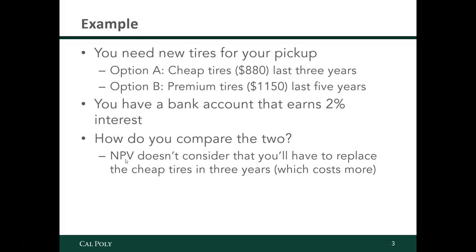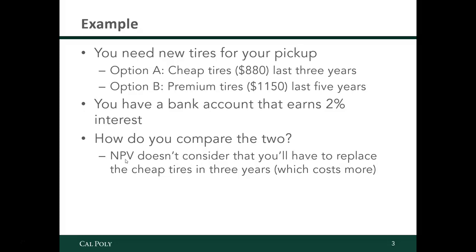That cycle could potentially repeat into the future, but I can just consider this 15-year cycle, and calculate the NPV for those two options over that cycle, and assume the answer is going to be the same in the future when the cycle of buying tires repeats. The reason I've chosen 15 years is because that's a common multiple of the 3 years of the cheap tires and the 5 years of the premium tires. So you could compare like that.